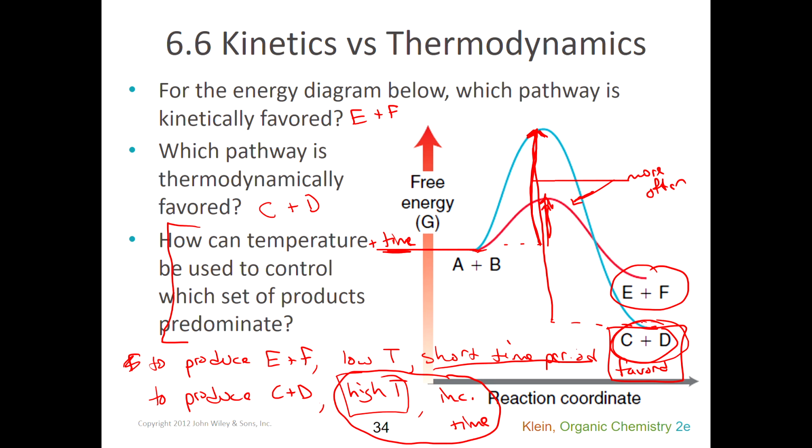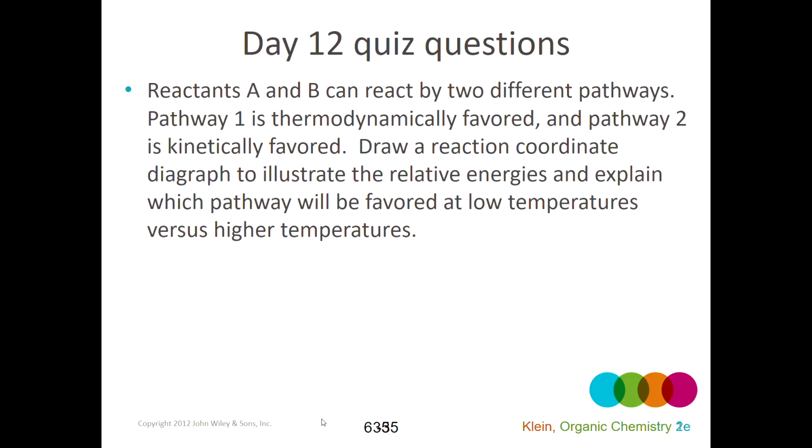And since the equilibrium favors, in the end, whatever has the lowest free energy, that's how I produce mostly C and D. So if I have competing pathways, one favored kinetically and the other favored thermodynamically, I can use temperature control. And that was exactly what this other quiz question was about.